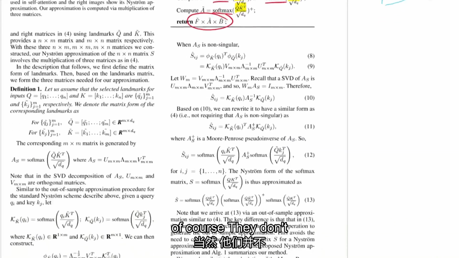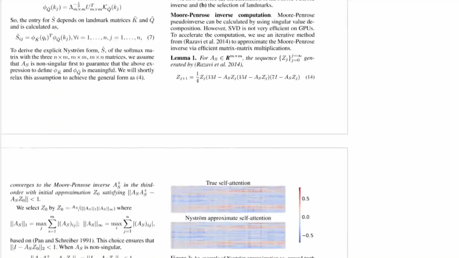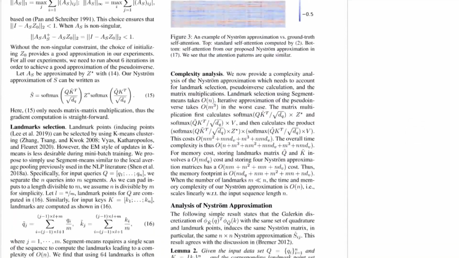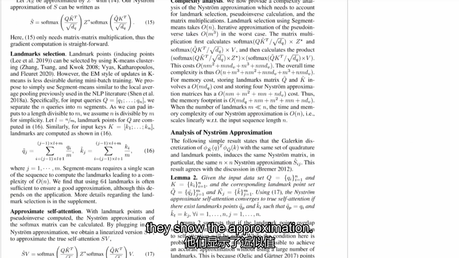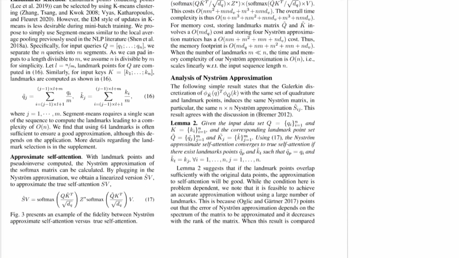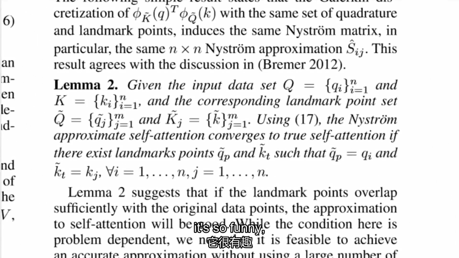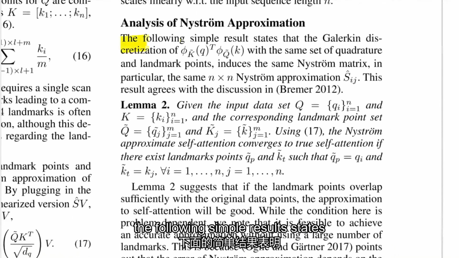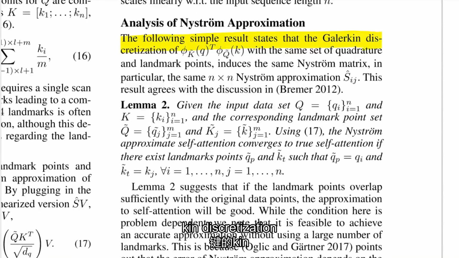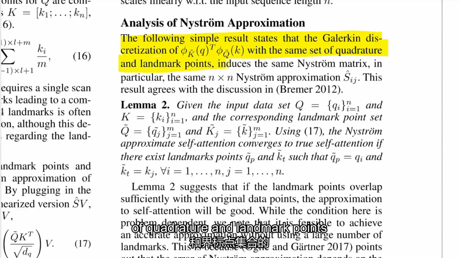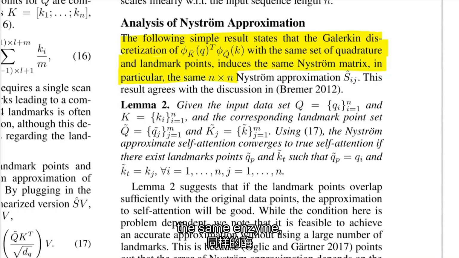Now, of course, they don't hope. They actually, in the supplementary material, they show the approximation. So here, this lemma, I just think it's so funny, because what they say is, well, the following simple result states that the Galerkin discretization of the keys and the queries with the same set of quadrature and landmark points induces the same Nyström matrix, in particular the same n by m Nyström approximation S. This result agrees with the discussion in yada yada.